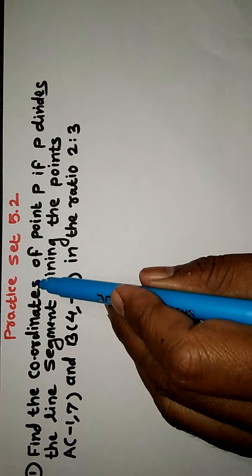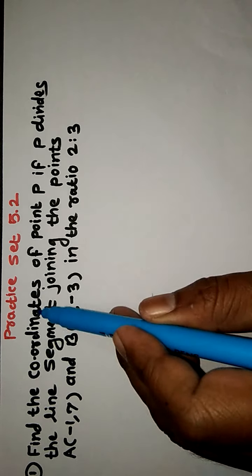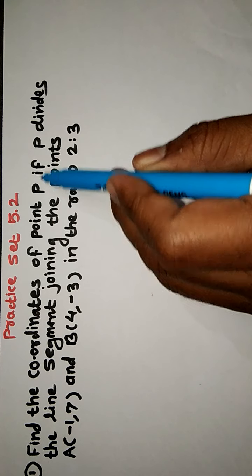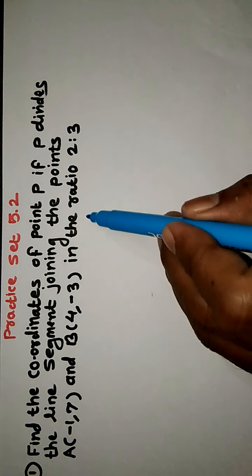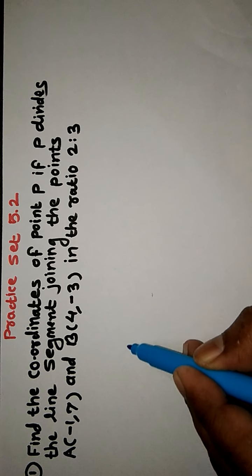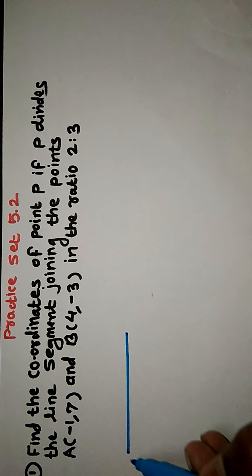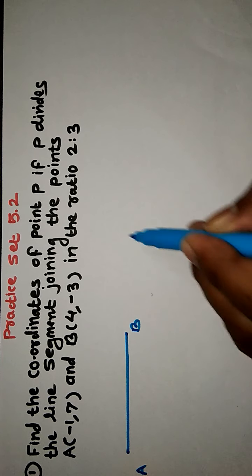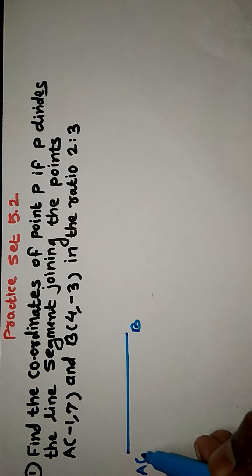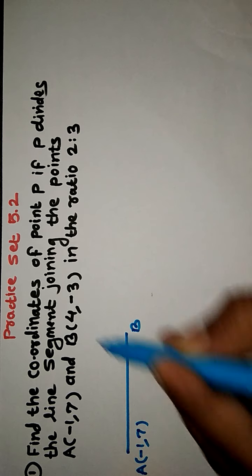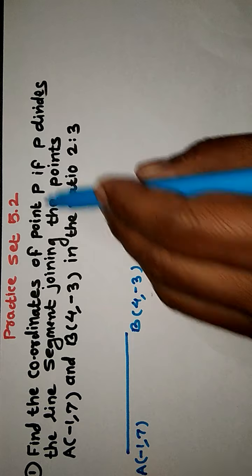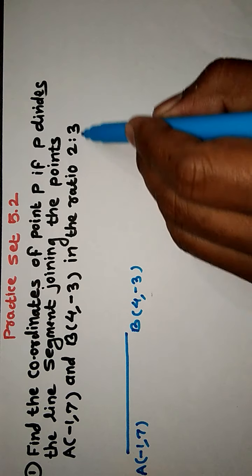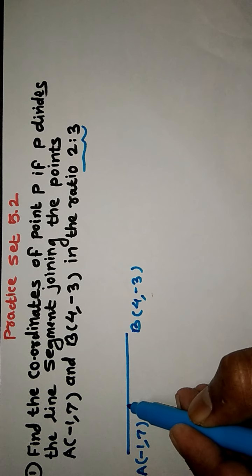See practice set 5.2, example number 1. Find the coordinates of point P if P divides the line segment joining the points A and B in the ratio. Means segment AB is given, where A has coordinates (-1, 7), B has coordinates (4, -3), and P divides the line segment in the ratio 2:3.